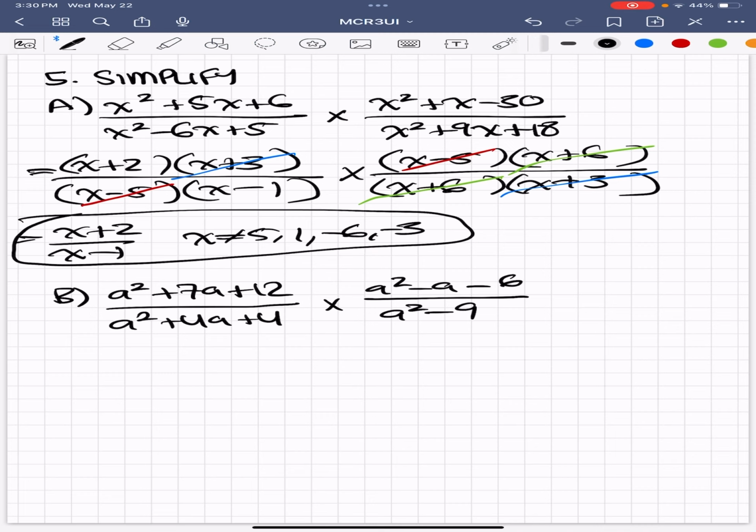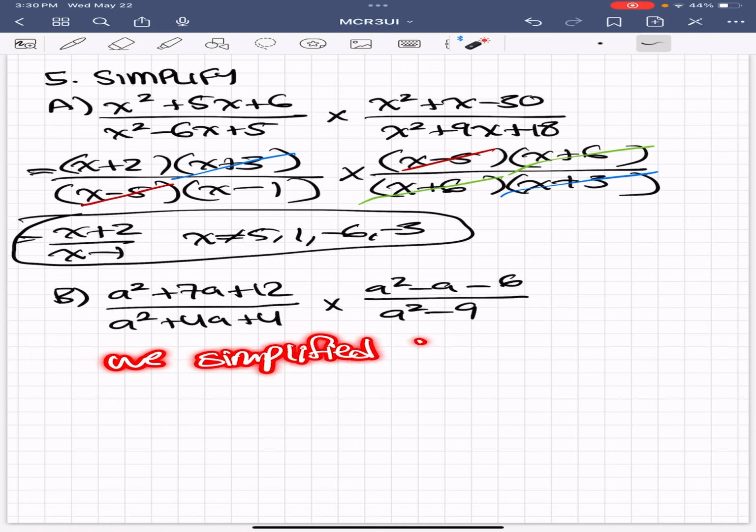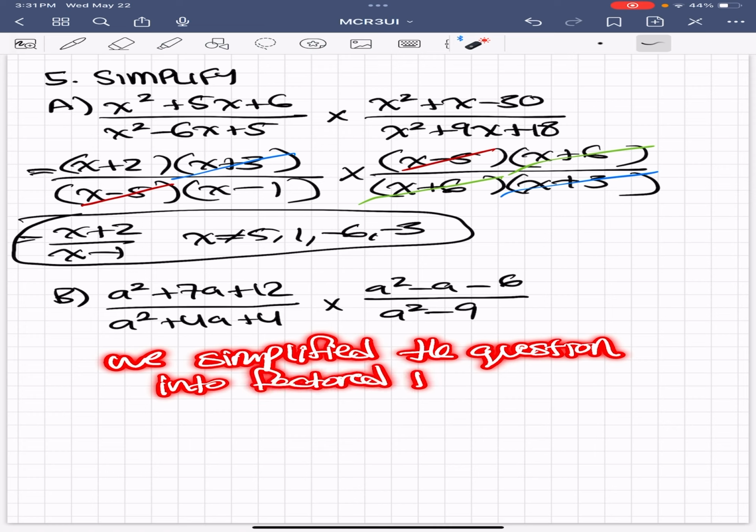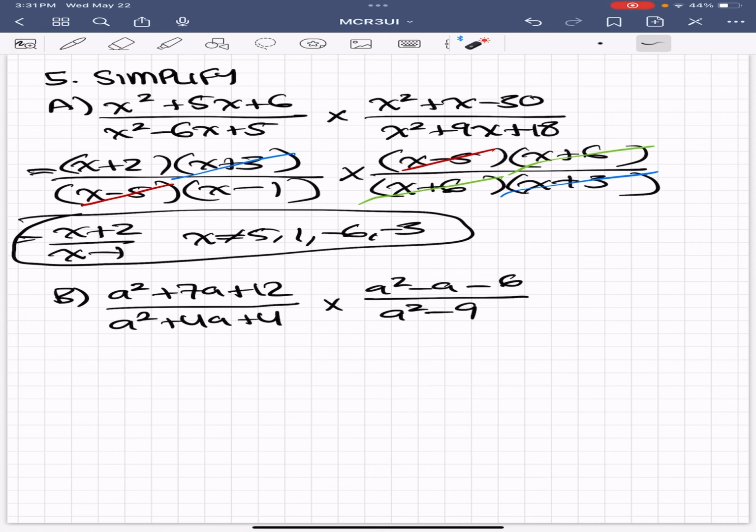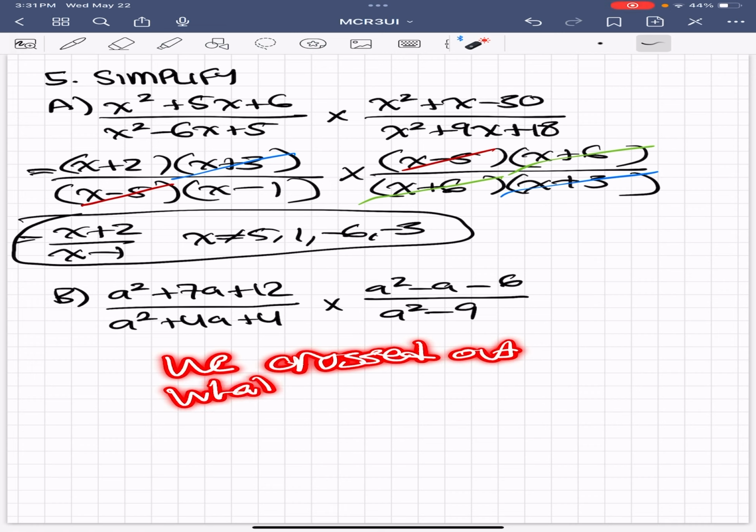So, there's the answer. If you didn't know what we did, we simplified the question into factored trinomials, and we crossed out what was common.